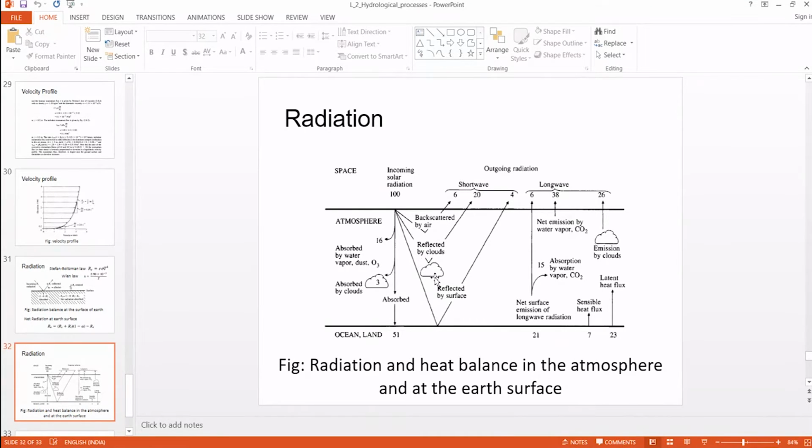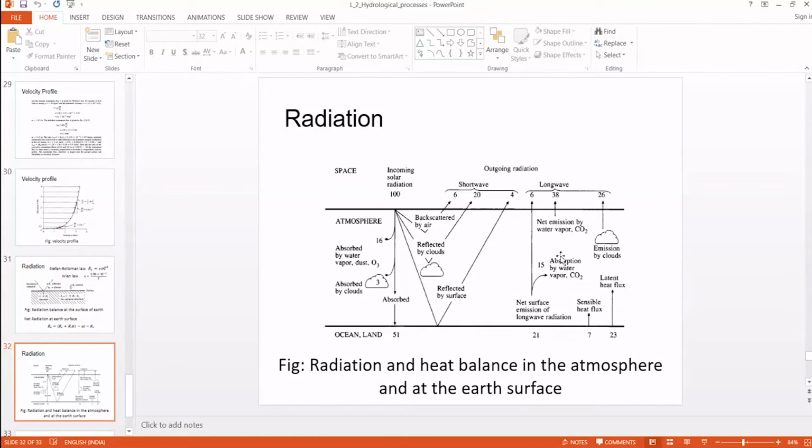So the remaining 30 units go back to space by these mechanisms: 6 units are backscattered by air, 20 units are deflected by the clouds, and 4 units are reflected by the surface. So out of 100 units coming onto the earth, only 4 units go back as reflected. So you can find alpha is equal to 0.04 here.